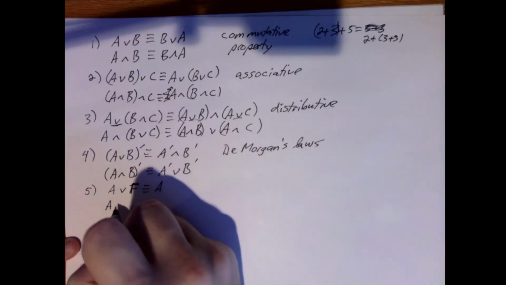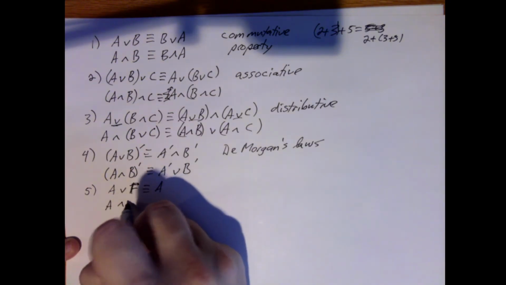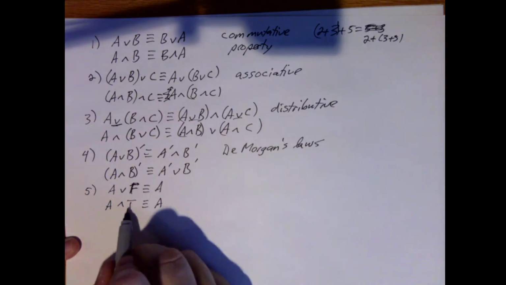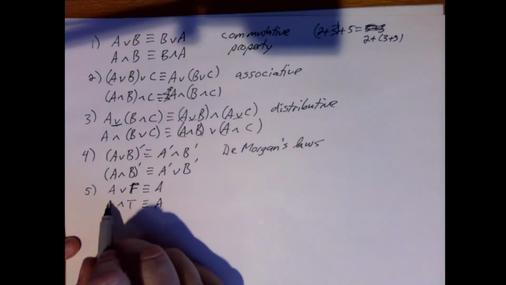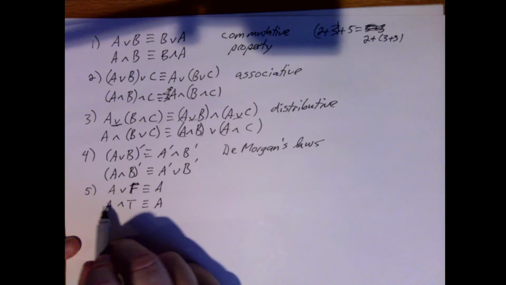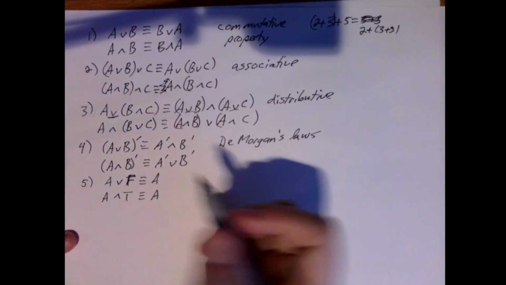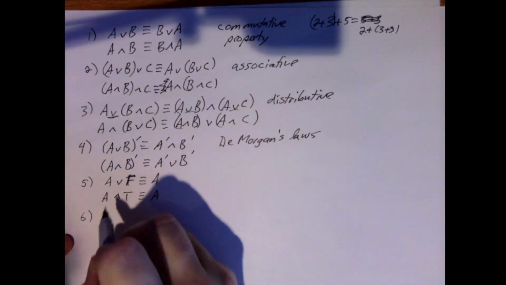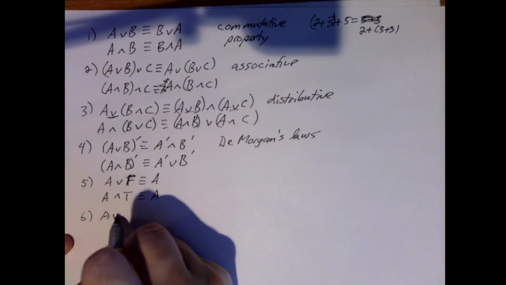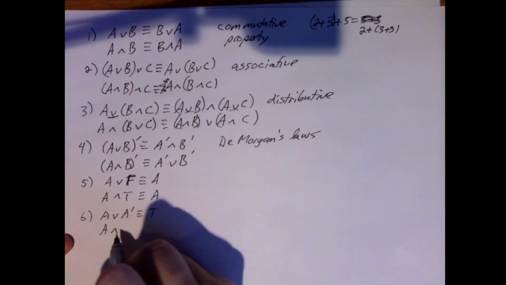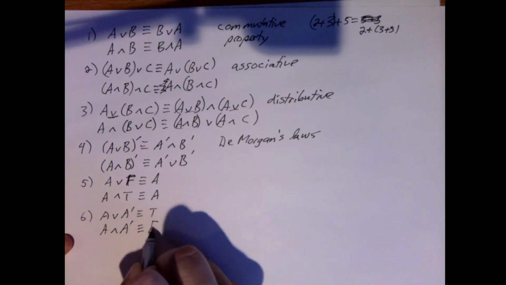And A and true will just be A, because the true here is always going to make it, if we have true and true, well, A was true, and so we get true. If A was false, then the whole thing becomes false, which is really what A is. The ones we actually saw were these: A or not A is true. A and not A is always equal to false.